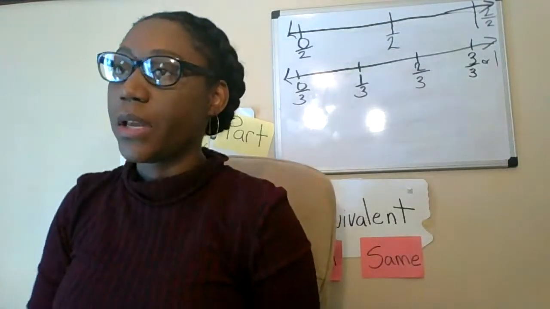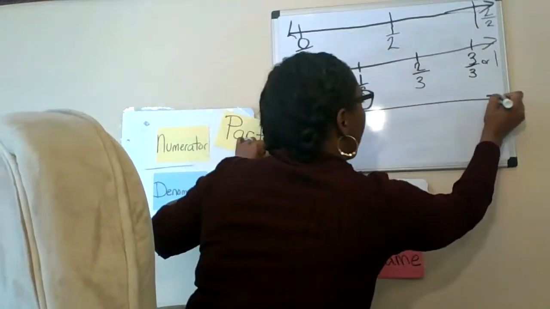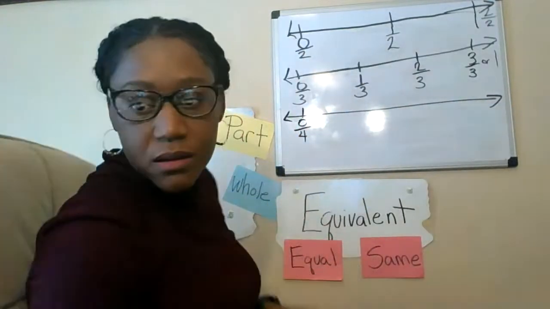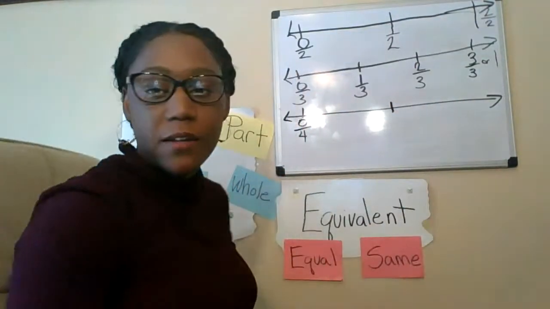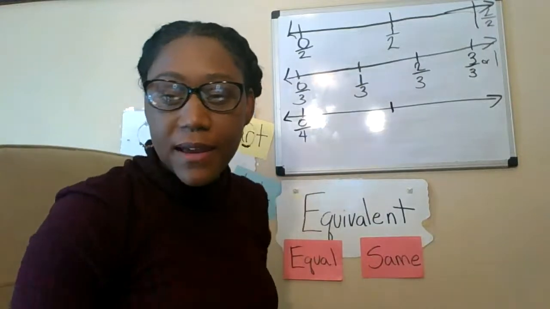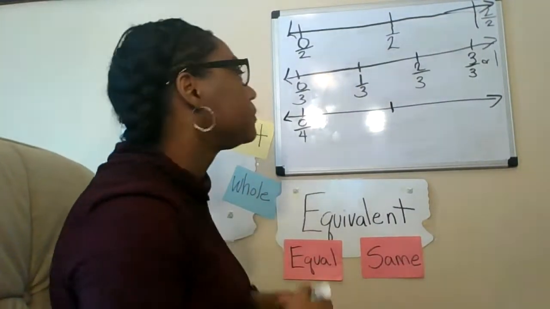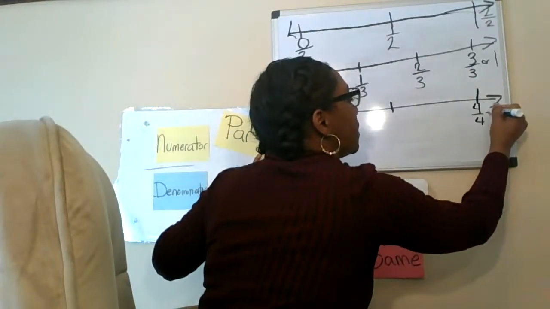All right, let's break it into fourths. And what am I writing? 0 fourths. What's equivalent to 1/2? How many fourths would I write for 1/2? Hey, Jansen. 4 fourths.